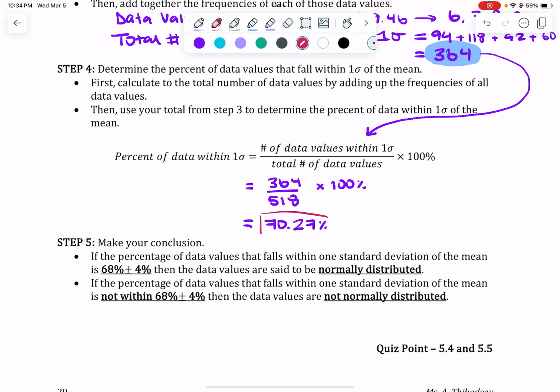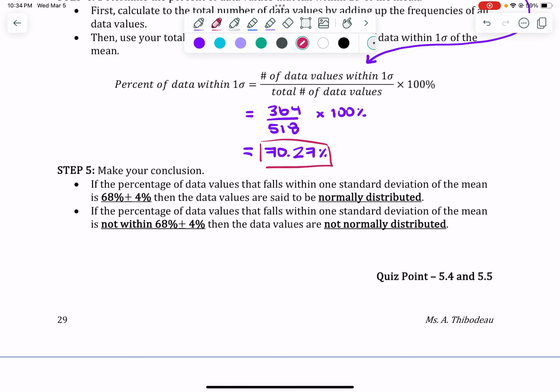Okay, now here's the golden rule. I realize that what should be the true answer is 68%. But quite honestly, 70 is really close to that. How close will we accept for it to be considered normally distributed?